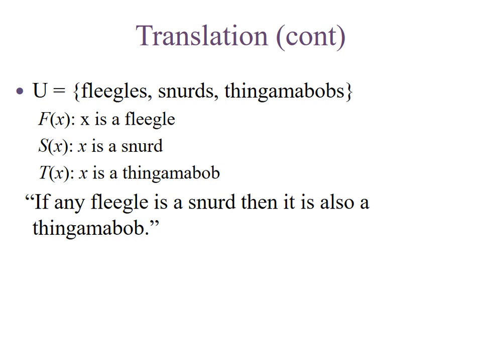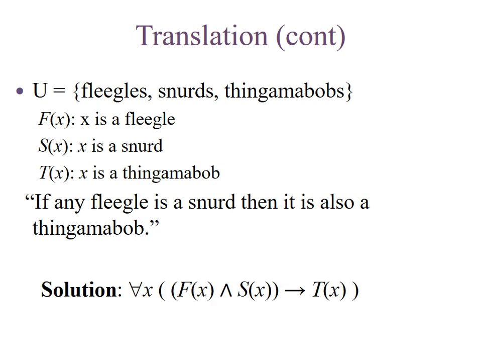That means if any instance x is a flagle and a snare, then it will be a sigma bar. Okay, it sounds correct. Okay, very good. One extra point. Go to TF the class.